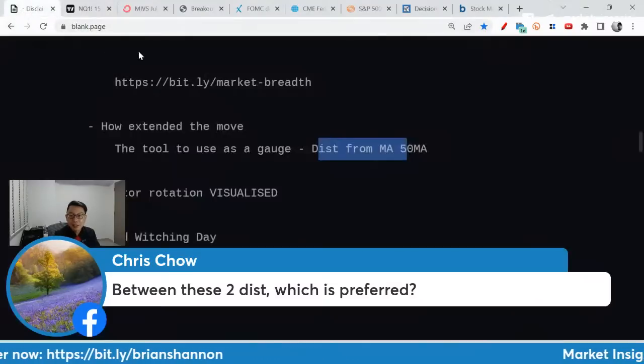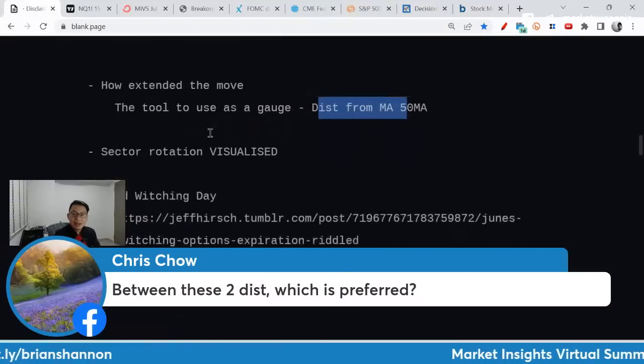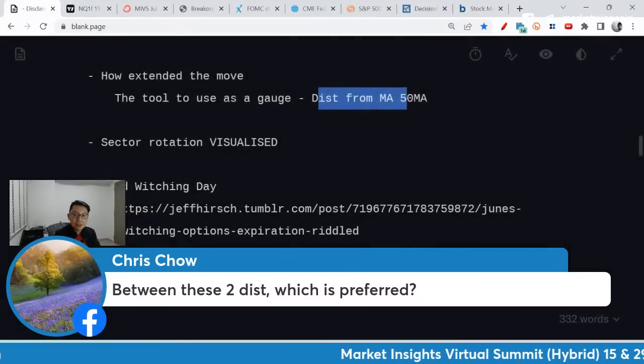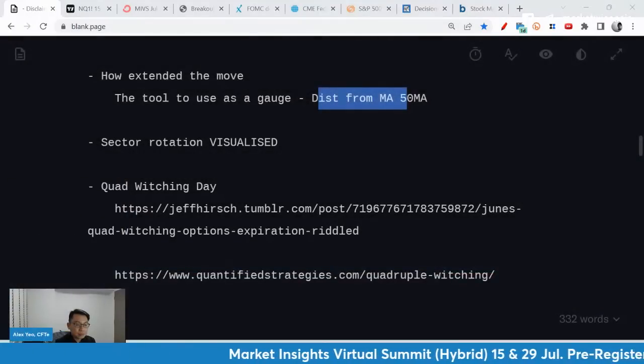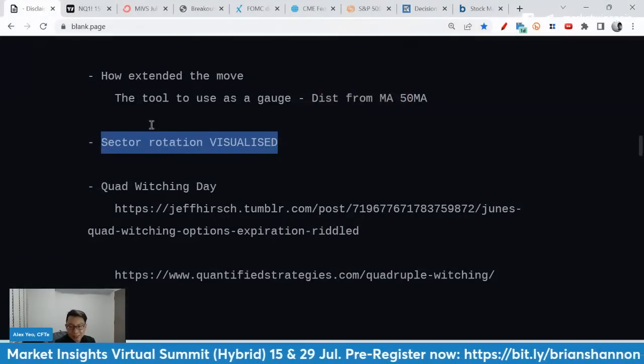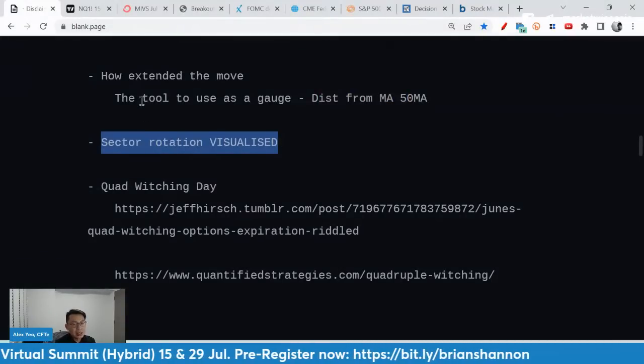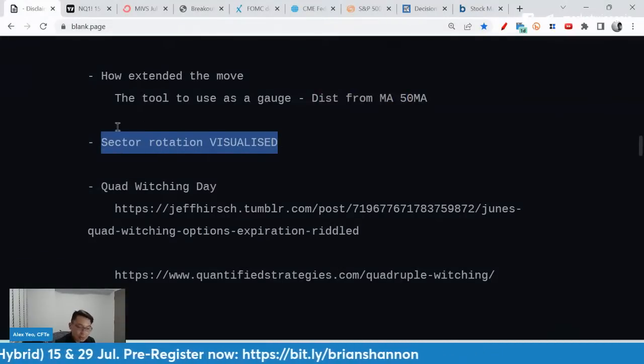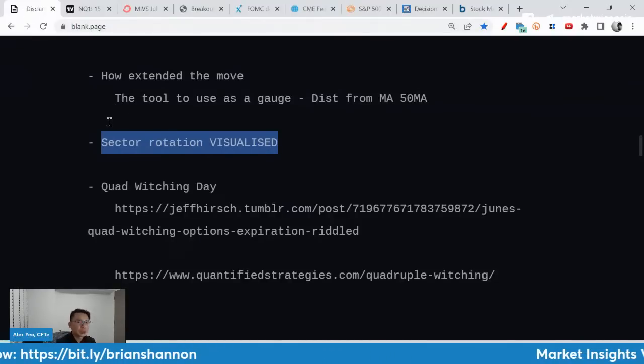The next one that I'm going to share with you is actually this: sector rotation, visualized. I have been using this for quite some time, I just didn't show it to you guys. Today I just want to show you.